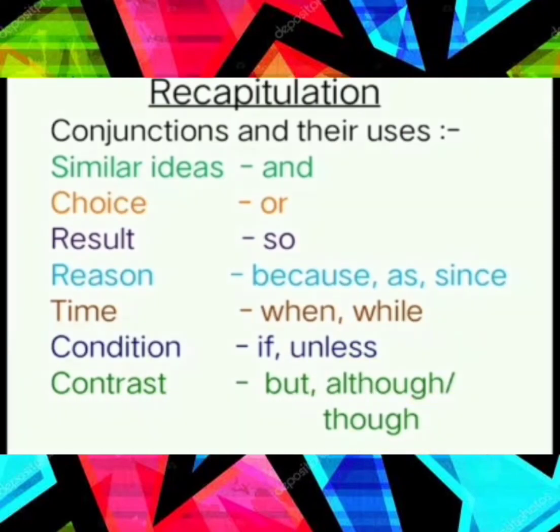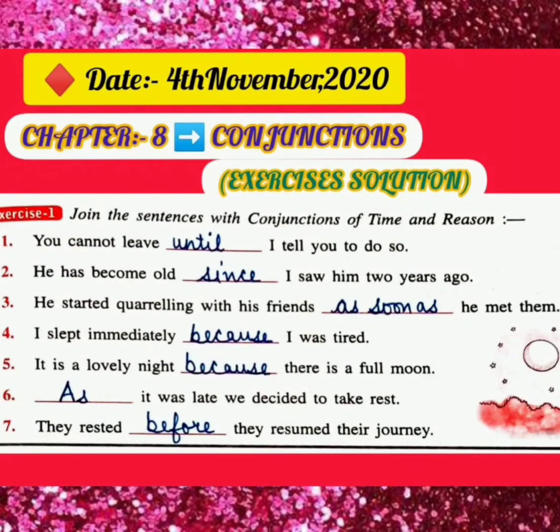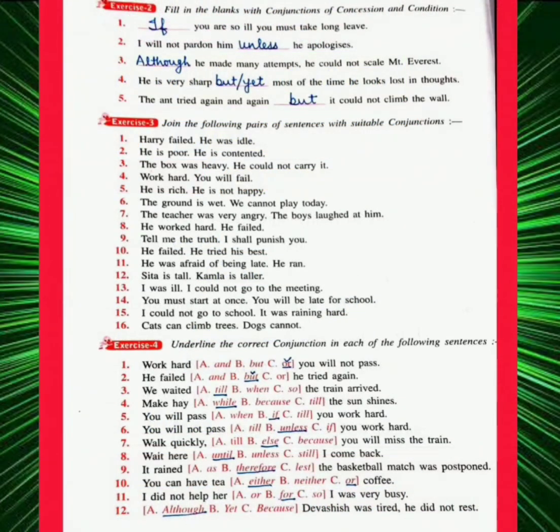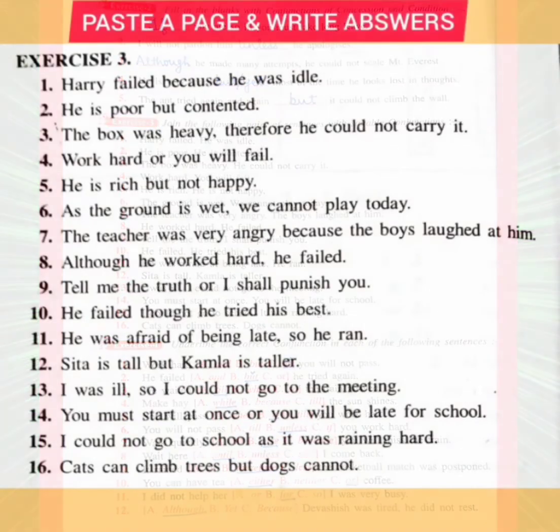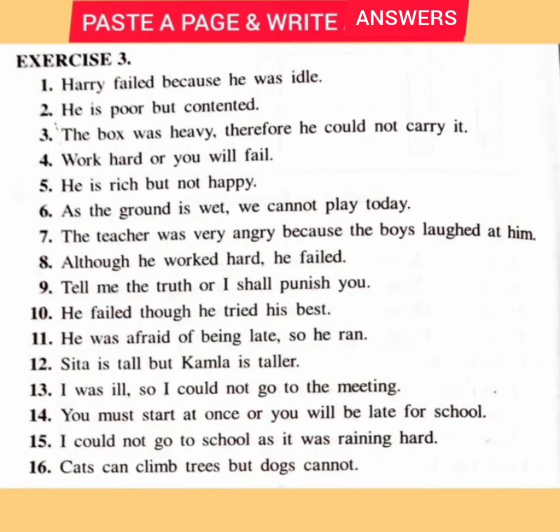So these are the uses of conjunctions. Now you can see, my dear children, these are the solutions of the exercises of conjunctions. So complete it very neatly, and after completing, please learn it.